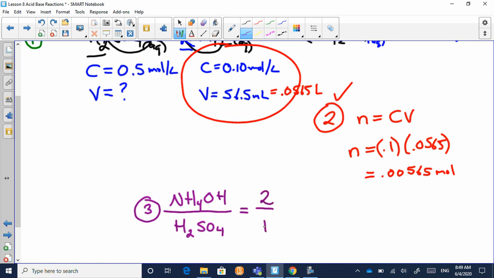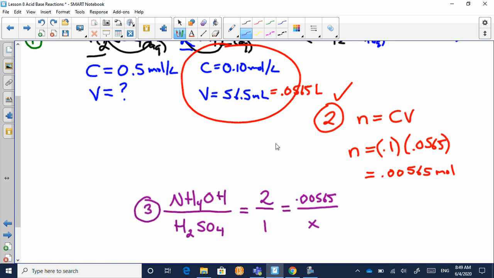In other words, twice as much ammonium hydroxide is used compared to the sulfuric acid. Then I look at what I've been given. I've converted this: 0.00565 are the number of moles of the ammonium hydroxide. And my unknown is how many moles of the sulfuric acid will I need.